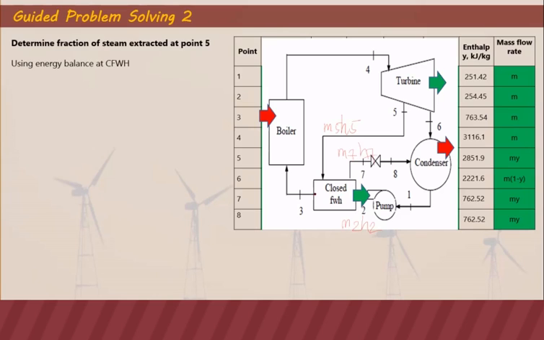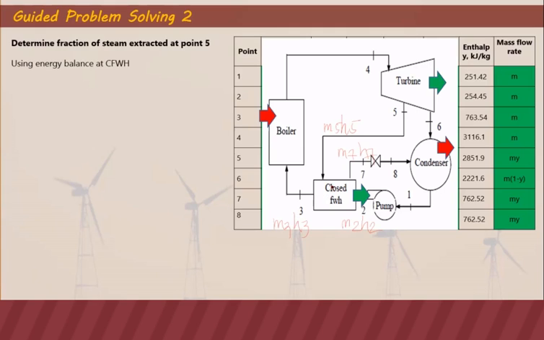And 2 will be discharged as M3H3. So these are the energies taking part in the heat exchange in the closed feed water heater. Line 2 to 3 is doing heat exchange with line 5 to 7. Since 5 is hot, it will increase the enthalpy and temperature of 2 to 3. So that's what the closed feed water heater does.